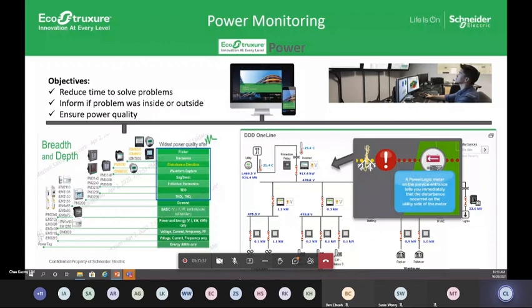How about power? Again, without power, nothing works. So you really need to monitor properly where the power is coming from, what the quality of the power is, and how much is the usage, whether you're using excessive. The reason why monitoring excessive use is so important is, of course, cost is a big deal. The more power you use, the more money you have to pay.